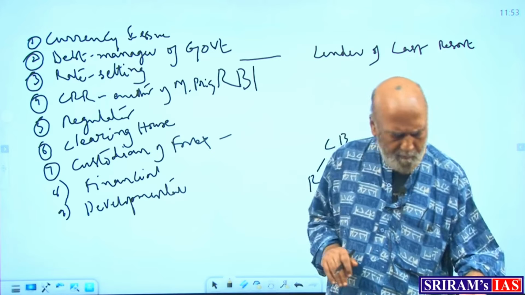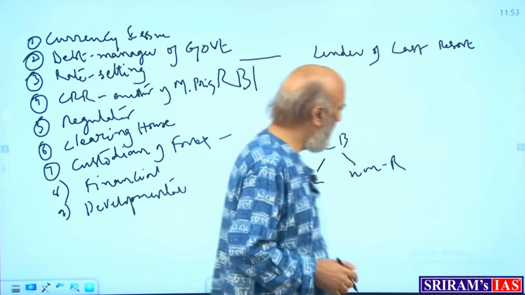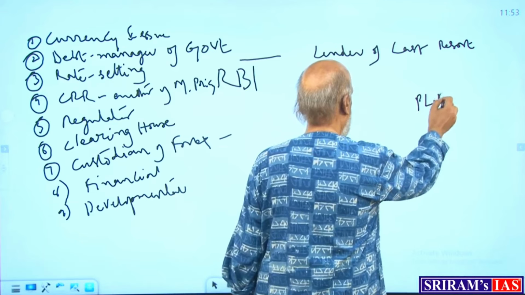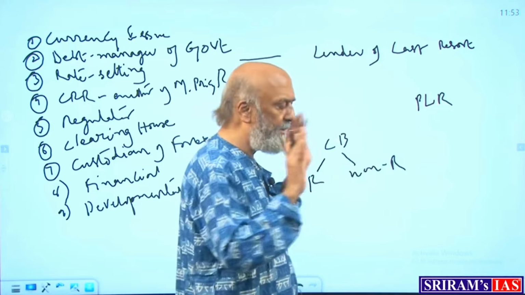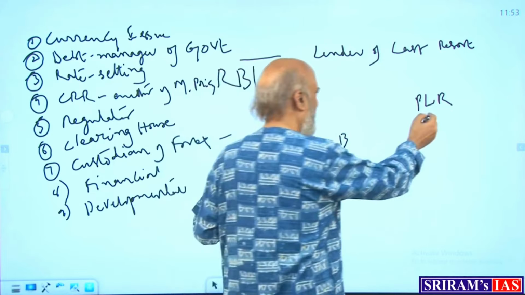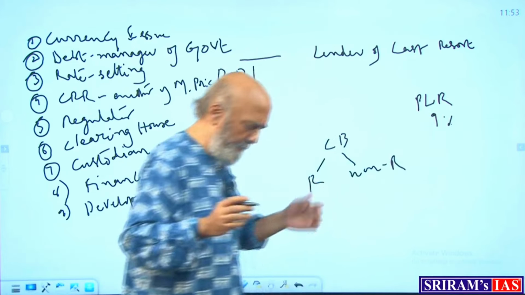So what do they call the prime lending rate? Prime lending rate is a rate at which the best of the borrowers are given credit. Let us say, I'm just giving one number, 9%. Prime lending rate is 9%.